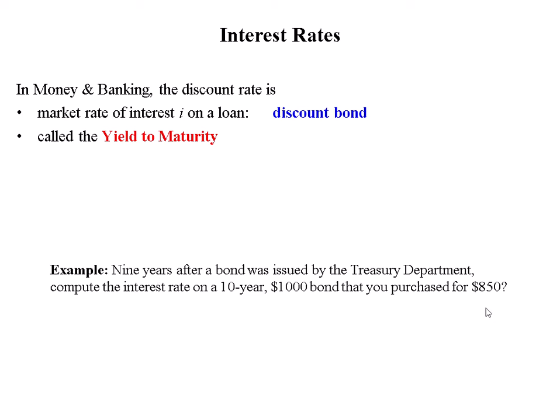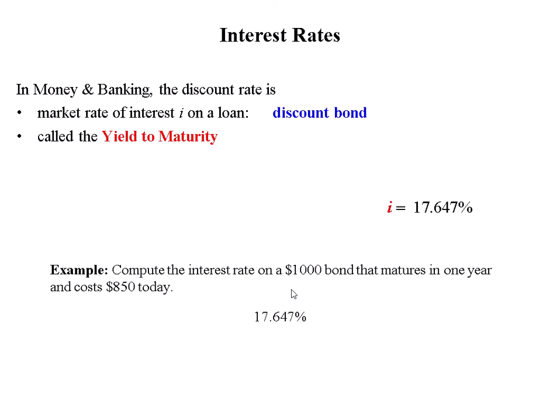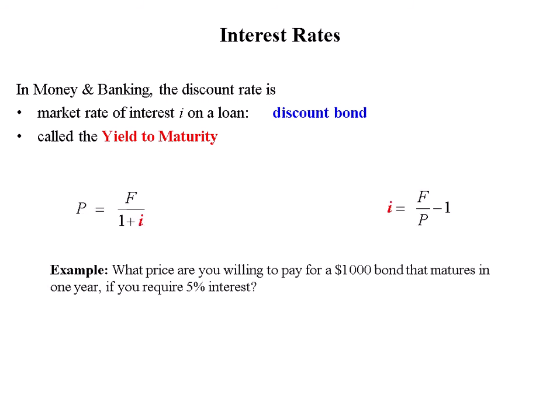So there's no calculation to make here. It's the same as it was before. The price is $850. The future value is $1,000. You bought it a year ago, and then you're redeeming it this year for $1,000. So it's the same interest rate as that, right? Same exact. Use that equation. Okay.